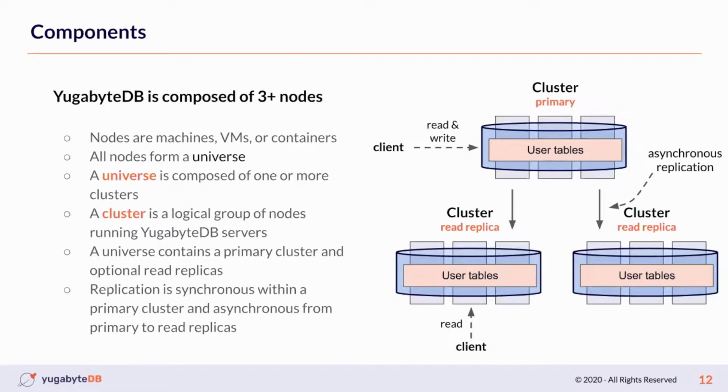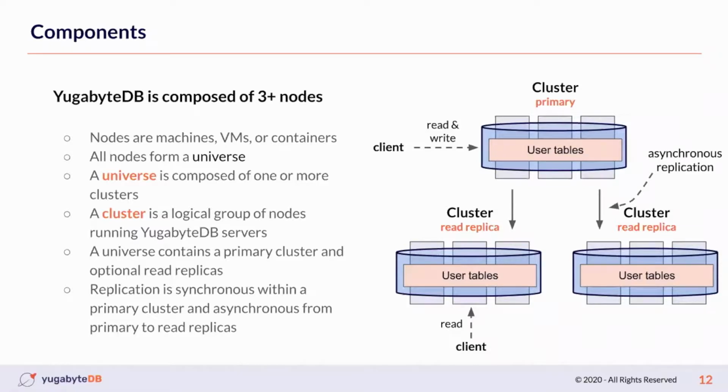Now, your nodes themselves can be VMs, containers, or bare metal machines. It doesn't matter. It's just some compute with storage attached to it and some RAM. All of these nodes together are called a universe. A universe can be comprised of one or more logical clusters.